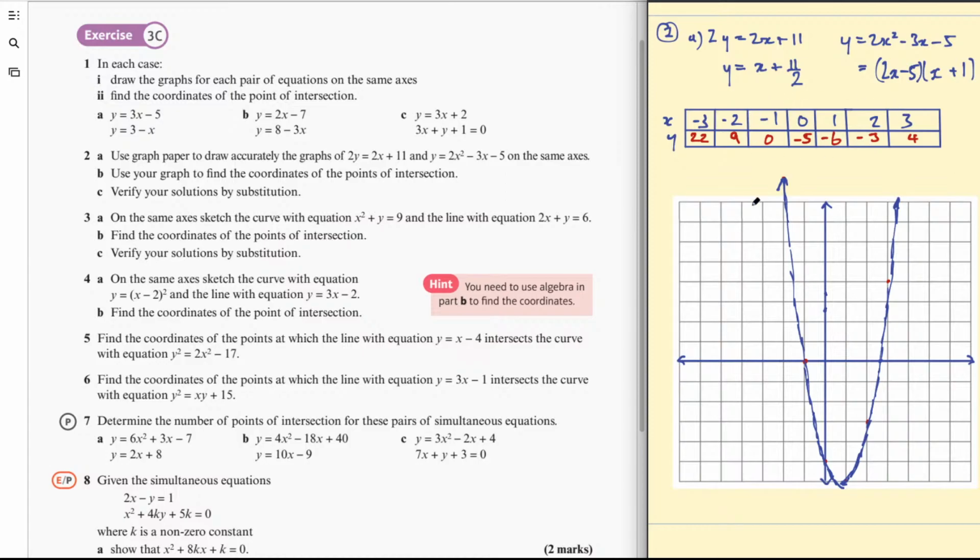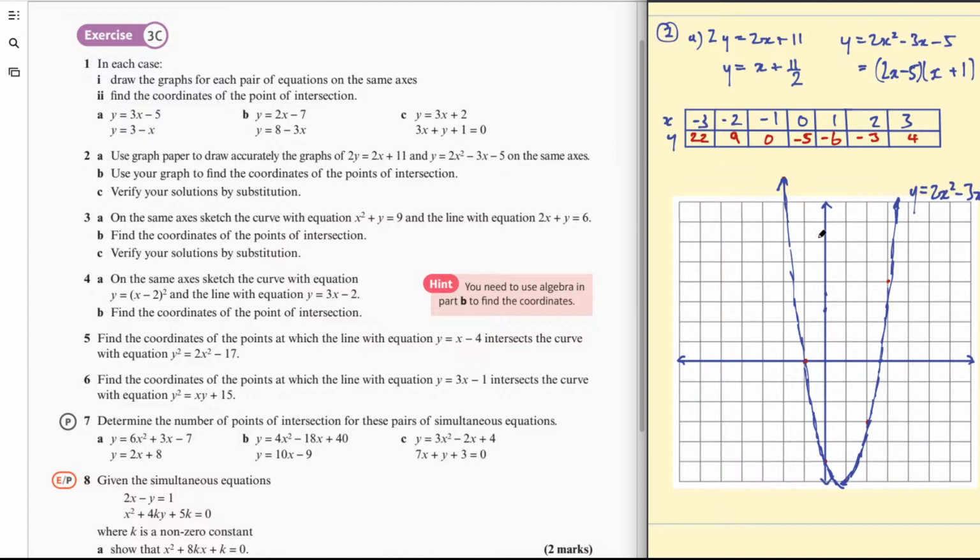And let me just think. Yeah, I think usually they give you the table of values. That's usually how they suggest you graph the quadratic. It's just confusing in this chapter. They don't give any kind of indication of which method is most helpful.